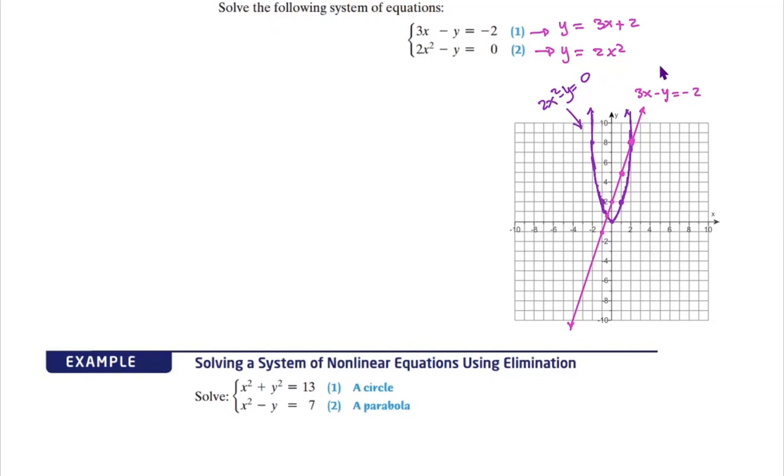So that said, since we have the value of y from the first equation, we can substitute it into the second. So we can get the answer for x, and for each x, we can find a y by plugging in to this equation.